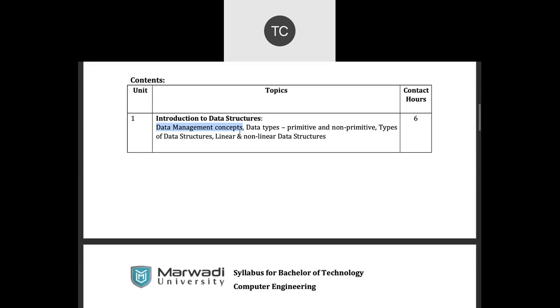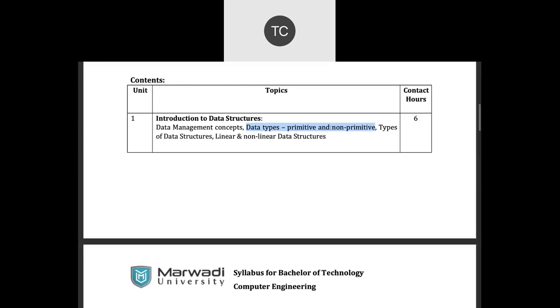When we deep dive into the data understanding part, we go to the data types, and that depends on the programming language: primitive and non-primitive data types. You have already seen this in the previous semester's computer programming subject, right? Can anyone quickly tell me what is a primitive and non-primitive data type?